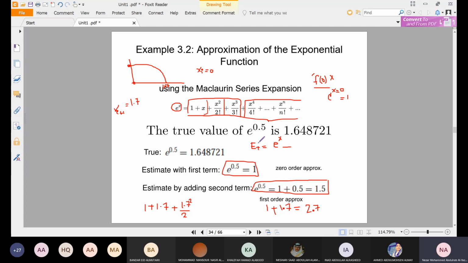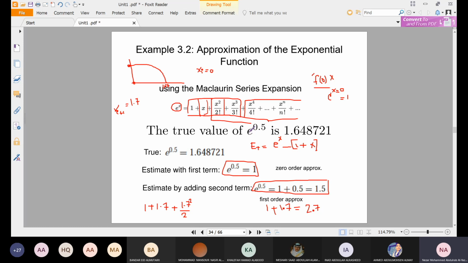For example, if you use only one term, this will be minus 1. That means the error will be from here to infinity. If you use 2 terms, the error will be e minus x plus 1. Okay, so the error will be from here to infinity like this one.